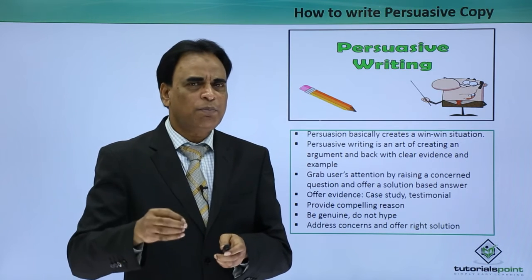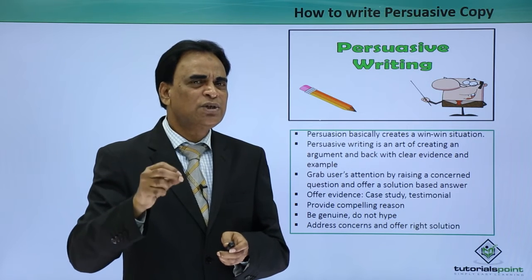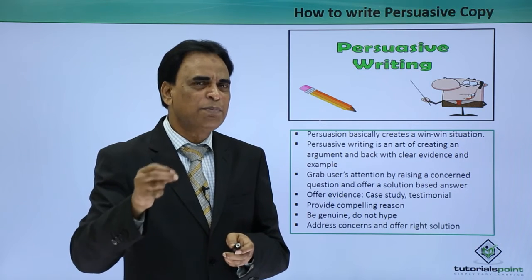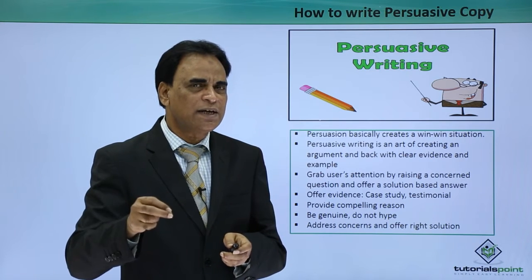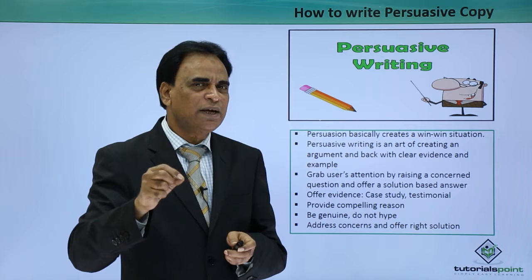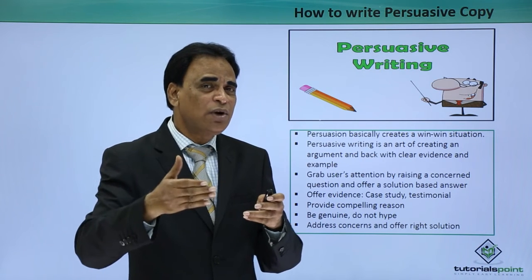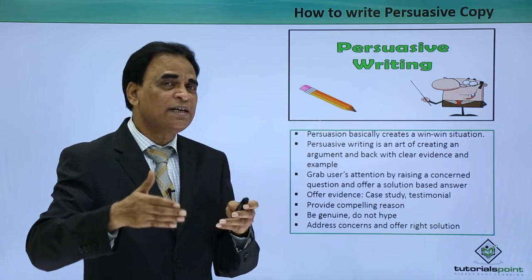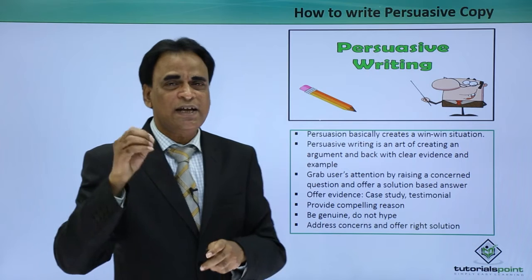The critical point in persuasive writing is that you are not persuading anybody per se to buy something. Instead, you are creating an argument so that a debate is going on. When the argument is created, you back that argument with clear evidence and example.